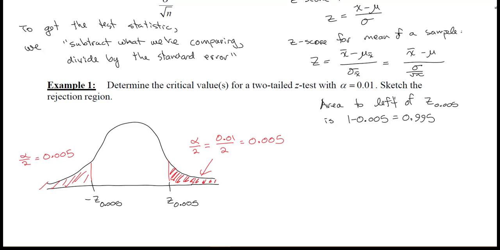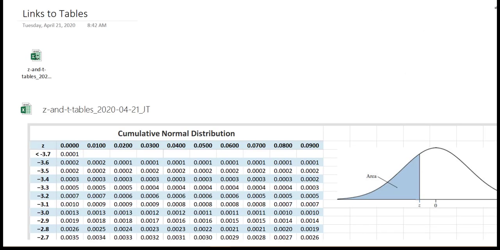Okay, so what I'm going to do is look up area equals 0.995 in the z table, and then we're going to figure out what this gives us. So let me go to my z table.